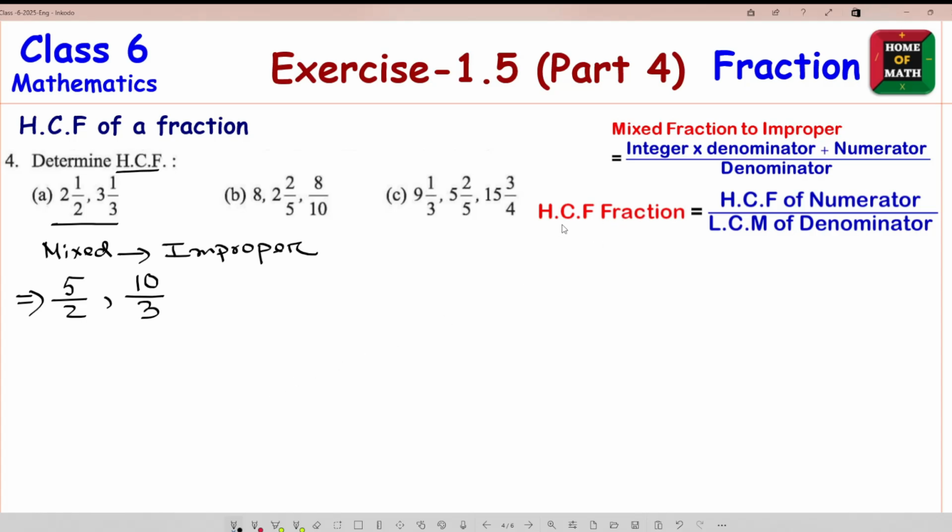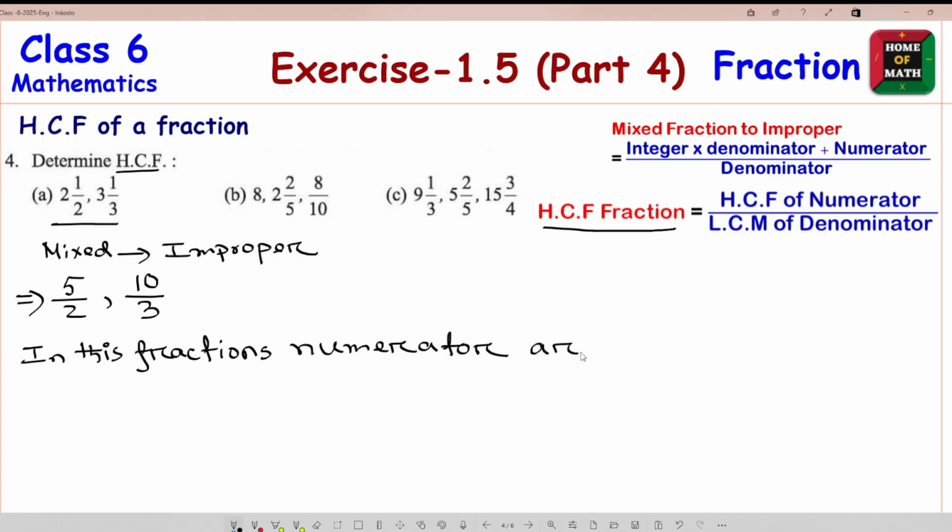Now what is the rule for HCF of a fraction? It is the HCF of the numerators divided by the LCM of the denominators. In these fractions, the numerators are 5 and 10.